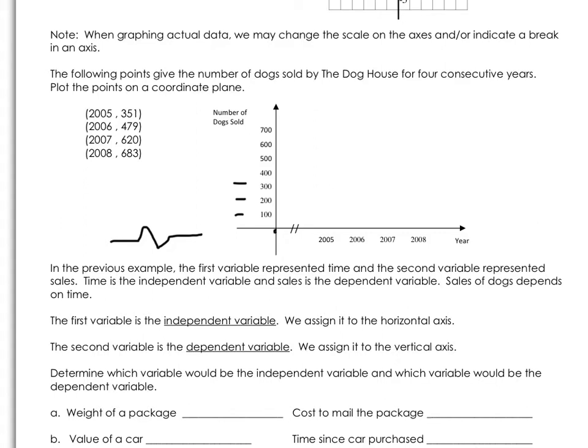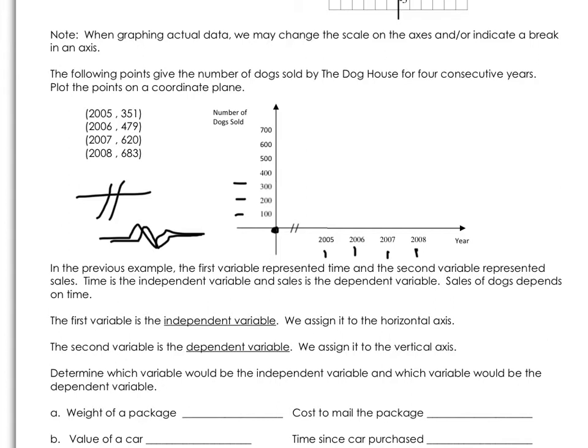So even though the origin still represents the point 0, 0, we have a break in the numbers and we skip over until we get to 2005, 2006, 2007, 2008. So that symbol, either this lightning symbol or else a symbol with 2 slashes, means there's a break in the scale there. So we can plot these points.